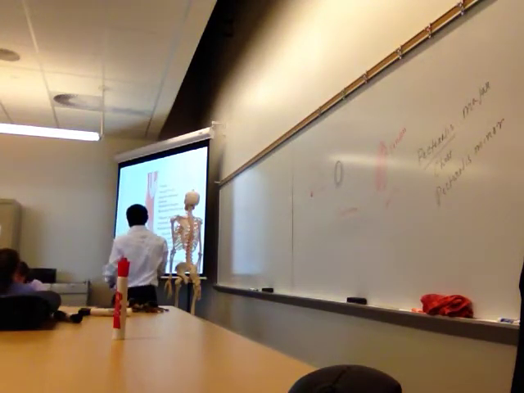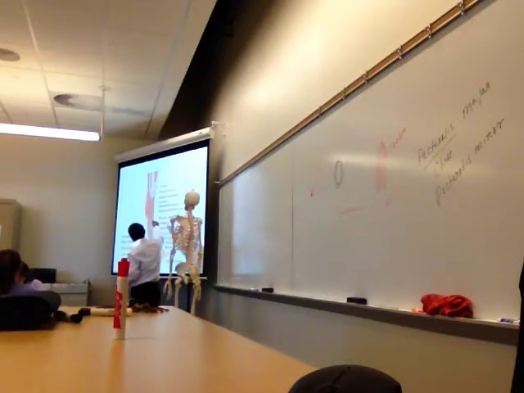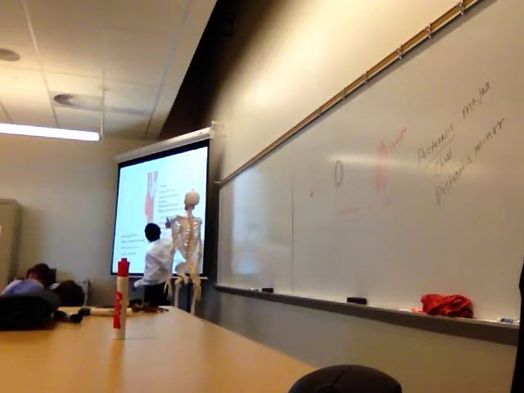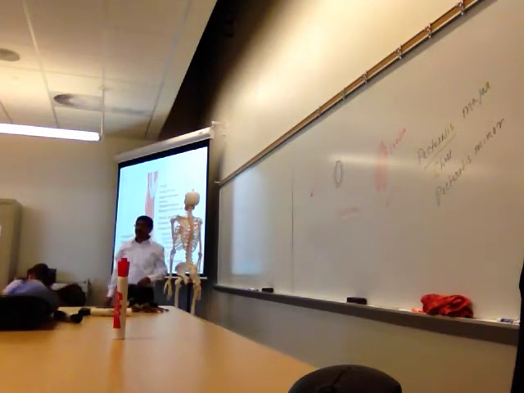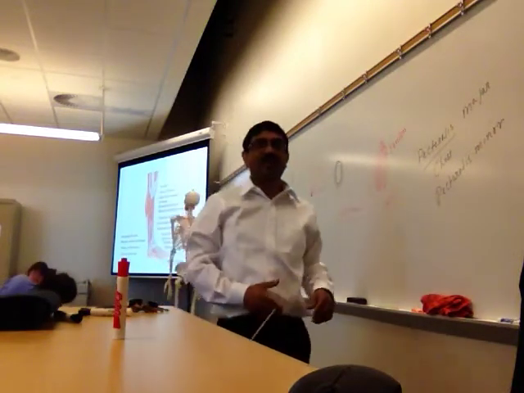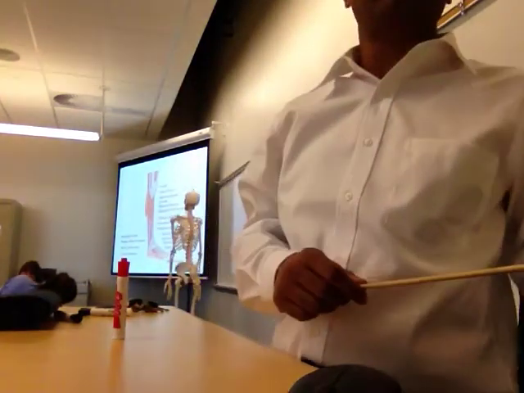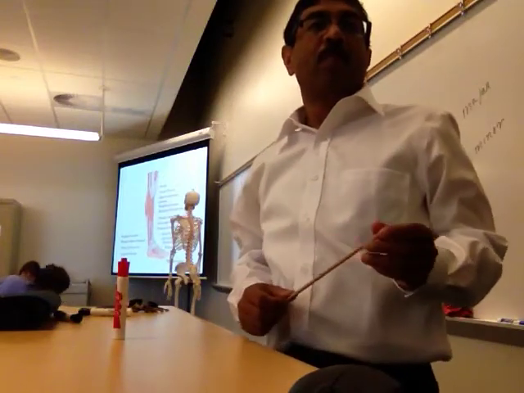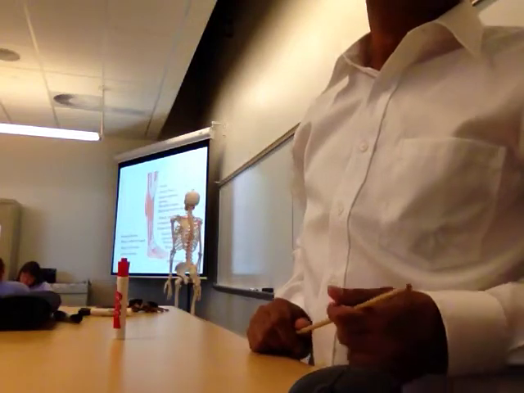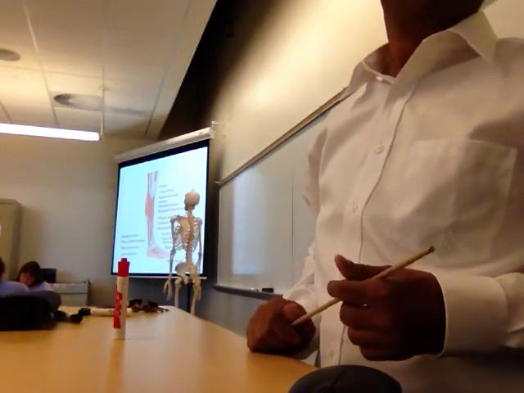And on the lateral side, you have the fibularis muscles. Since the fibula is the lateral bone, fibularis muscles are on the lateral side. So fibularis longus, fibularis brevis, those are the muscles.